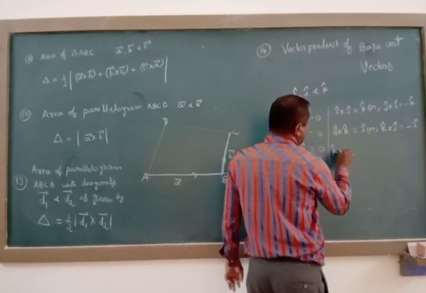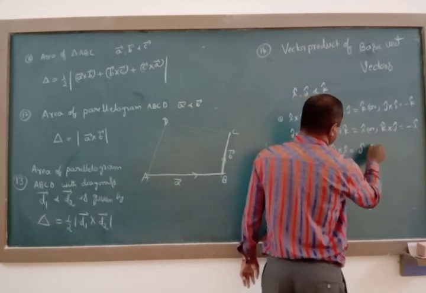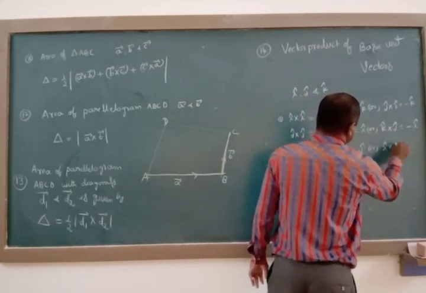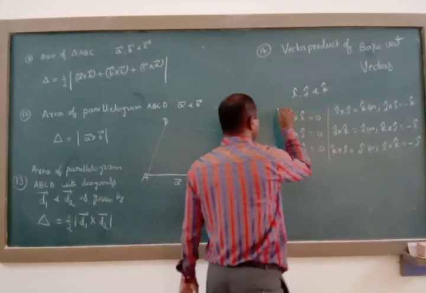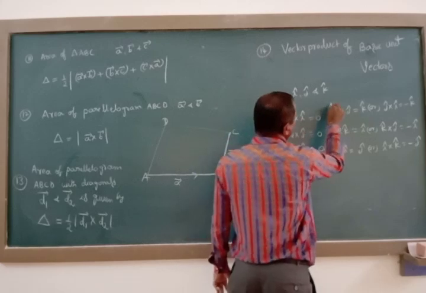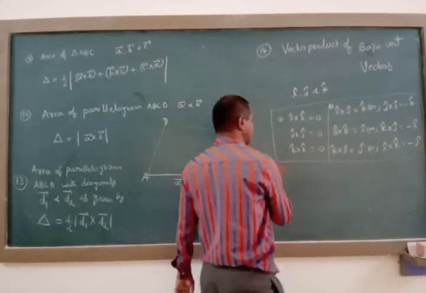Next, k cap cross i cap is equal to j cap, or we can take i cap cross k cap is equal to minus j cap. Like those rules we are going to apply here with the help of basic unit vectors.